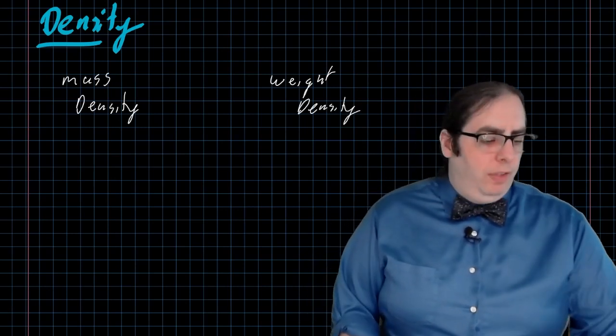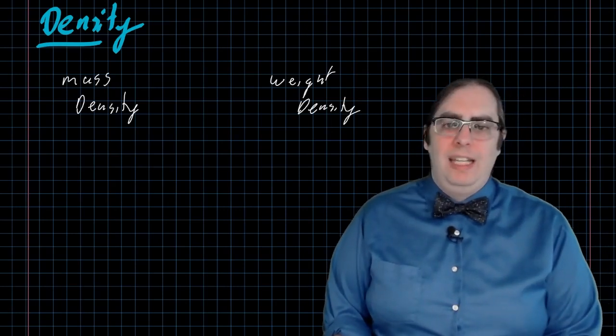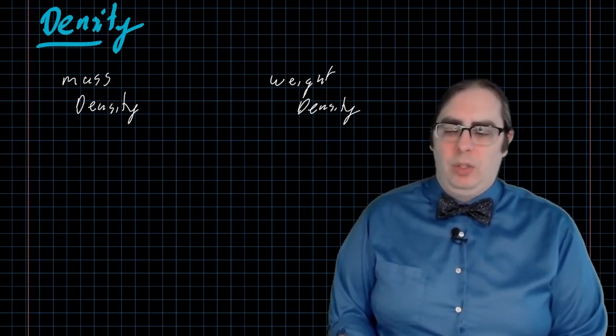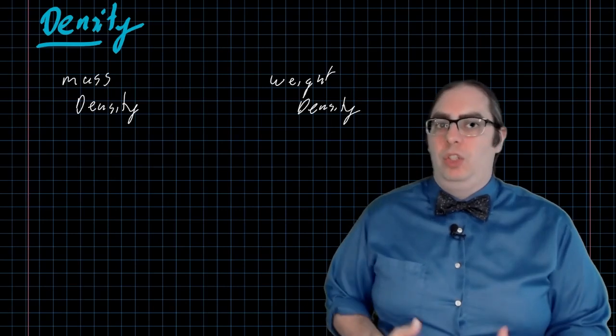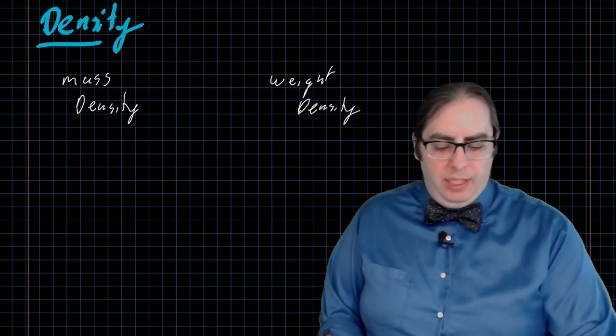We talked briefly when we were discussing units of measure that there's this idea in the metric system, in the SI units, of mass, which is an intrinsic property of the material, which we measure in kilograms.